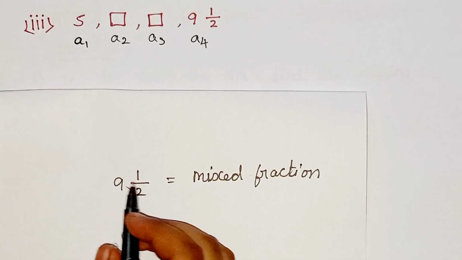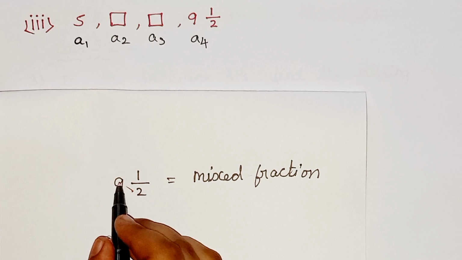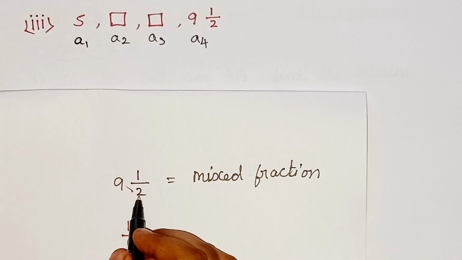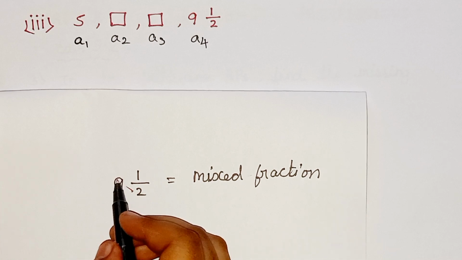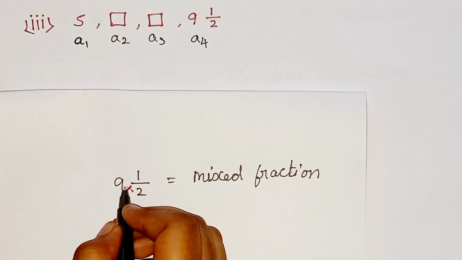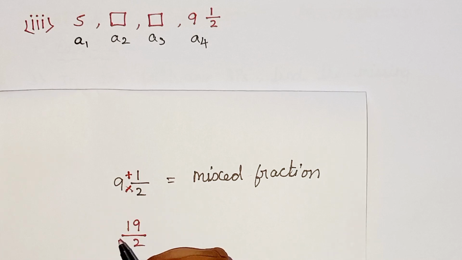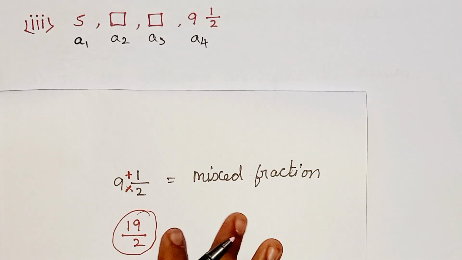So whenever you have a mixed fraction, multiply these both numbers. So when I multiply 9 into 2, I got 18 and then 18 plus 1. Okay, so here it is multiplication, and whatever number you get, now add 1 to it. Okay, so 18 plus 1 is 19, and write the denominator as it is. Okay, so this is how we have to find the fraction.